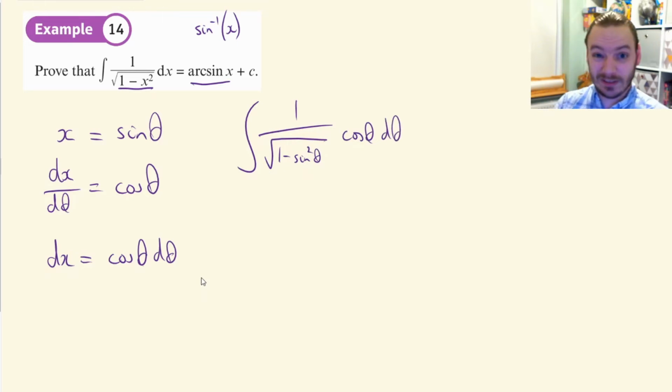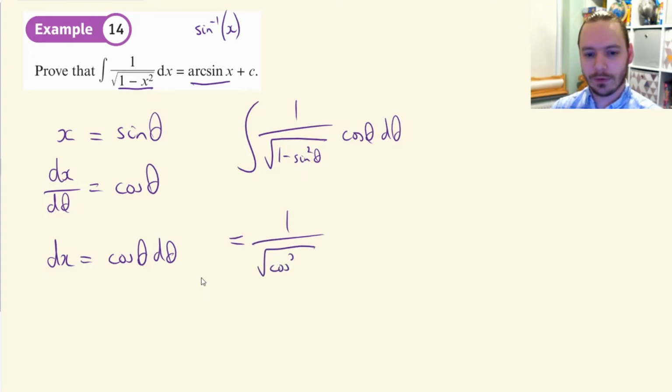So I've successfully gotten rid of all the x's. I've only got thetas in here. But the reason this is such a good substitution is that I can go a step further. 1 minus sine squared is cos squared. So this is 1 over the square root of cos squared theta multiplied by cos theta d theta. And what is the square root of cos squared? Well, it's just cos.